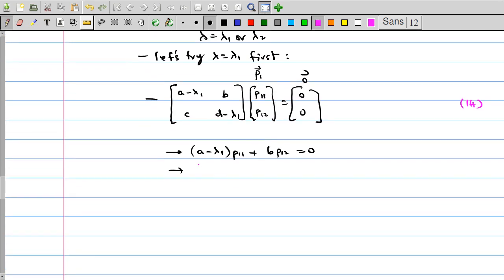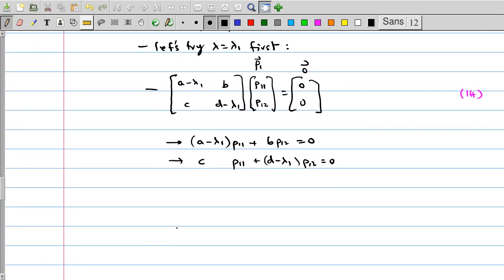And the other one is going to be C times P11 plus D minus lambda 1 times P12 equals 0. Okay, that's what it's going to be.